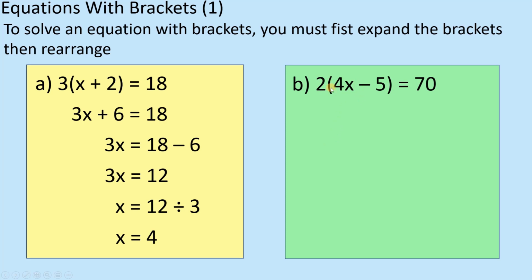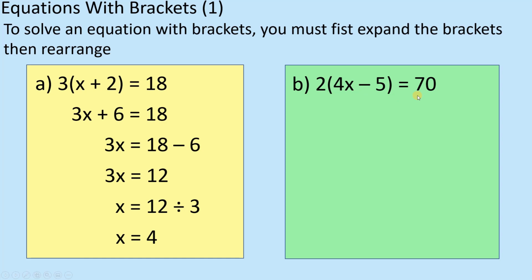And I just want to mention this bit here about expanding the bracket. Now, some people say I could divide both these sides by 2, all right, because this is 2 times this lot. Okay, and I could do that, if I divide this by 2, then the 2 would disappear, and that would become 35, and now we'd be left with 4x minus 5 equals 35.